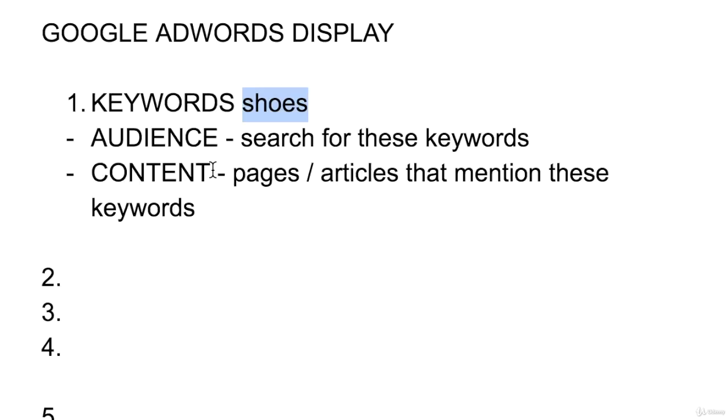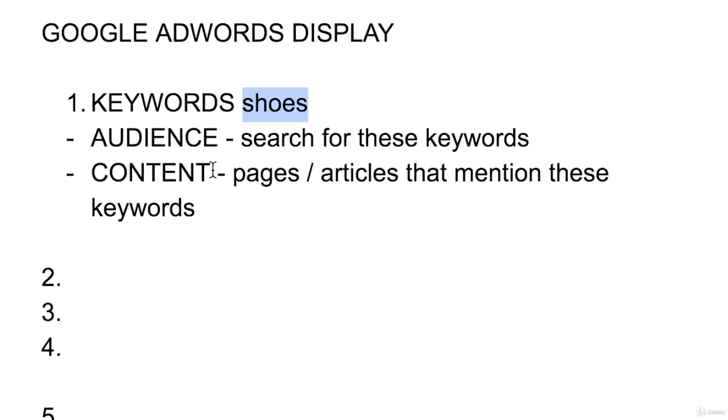That means that you can target people based on what they read. So Google will put your banner, your image ad, inside articles that mention shoes. Maybe it's a good strategic move to put your banner in these articles if the article talks about shoes, but maybe the article talks about dog shoes, and you don't want your men's shoes banner to appear in an article based on dog shoes.